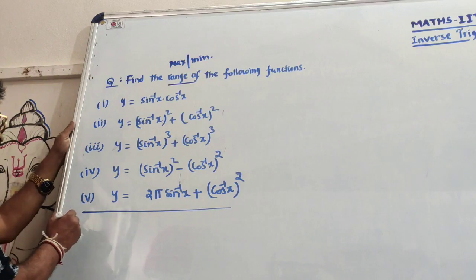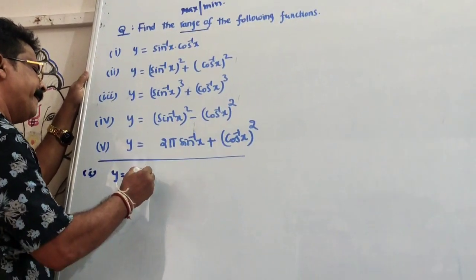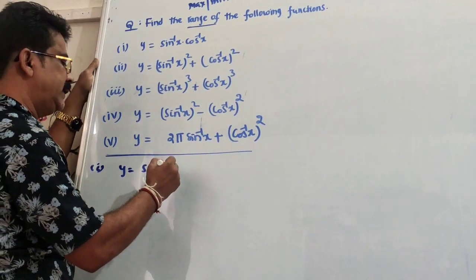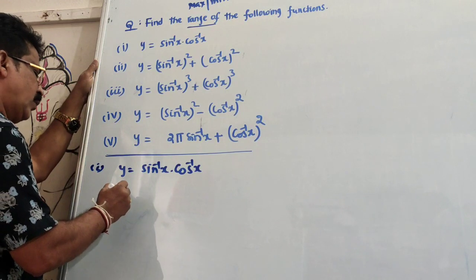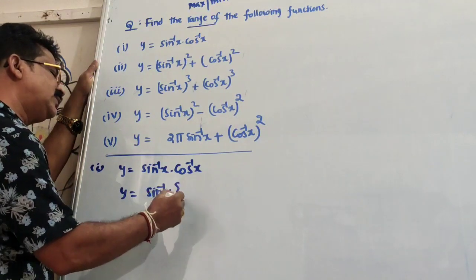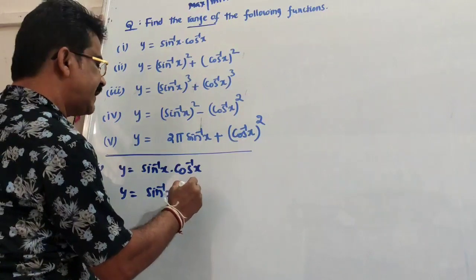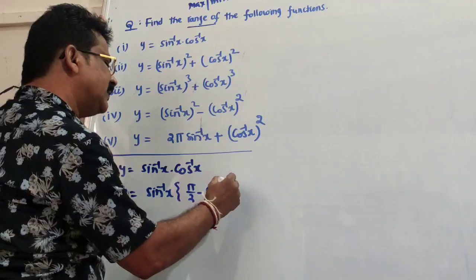So let us consider the first question. Y equal to sin inverse x into cos inverse x means it is pi by 2 minus sin inverse x.